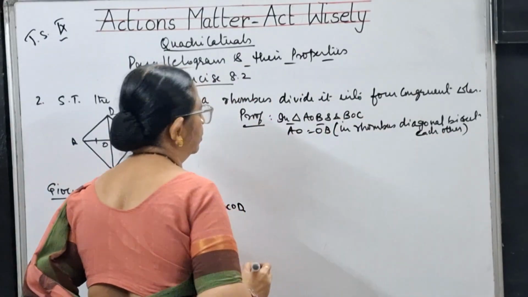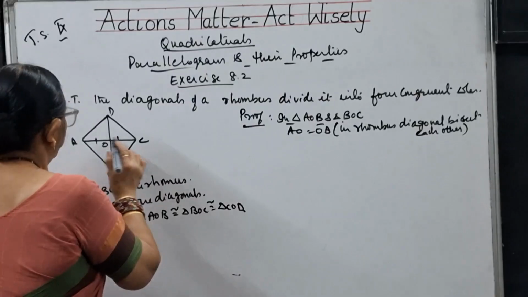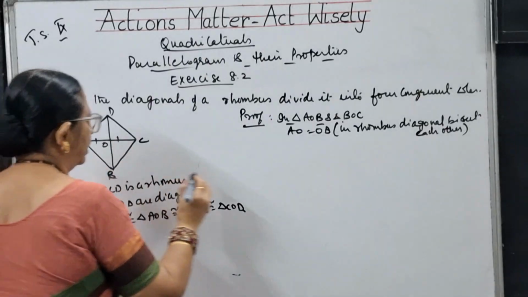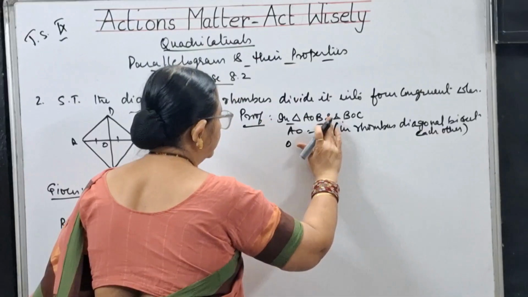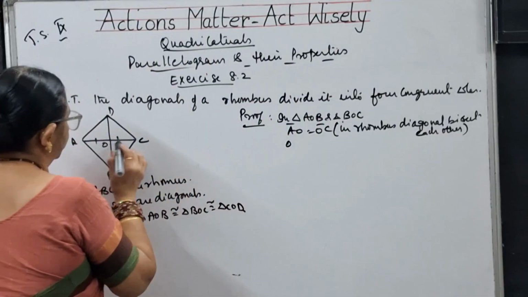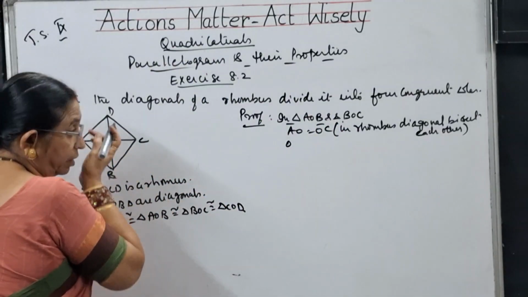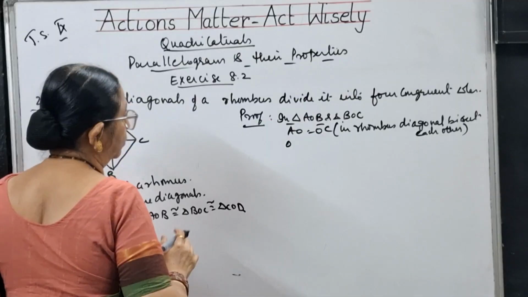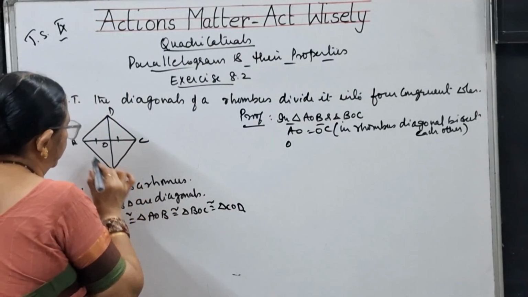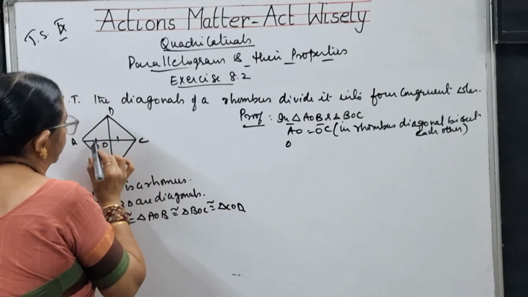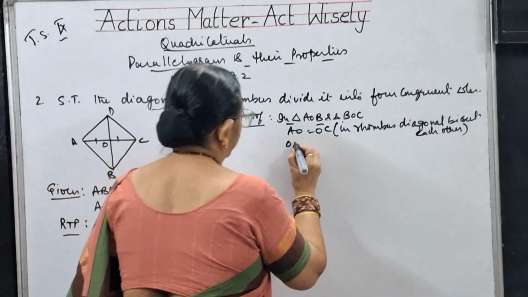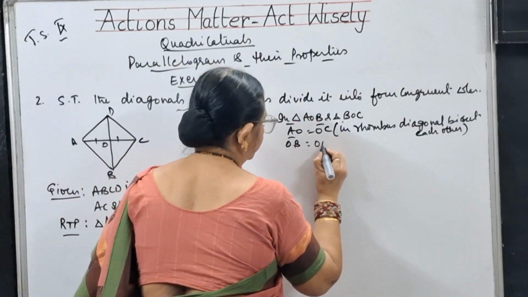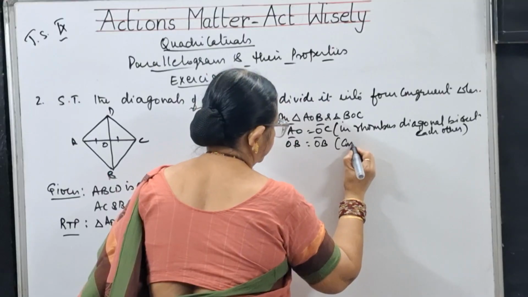So OA is equal to OB, I can say, and OA is equal to, sorry, OC, children. OA is equal to OC because they are the diagonal. This is the diagonal and it is dividing AC diagonal into two equal halves. So AO is equal to OC and OB is equal to OB common.